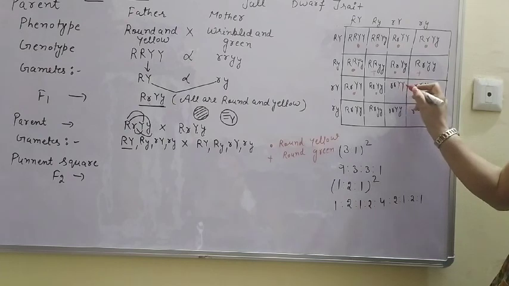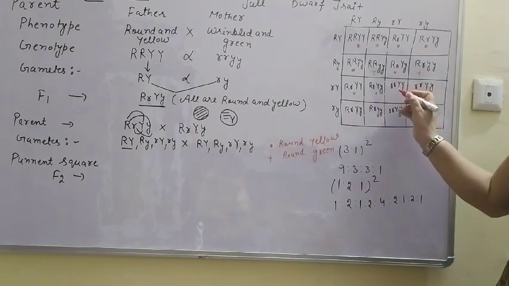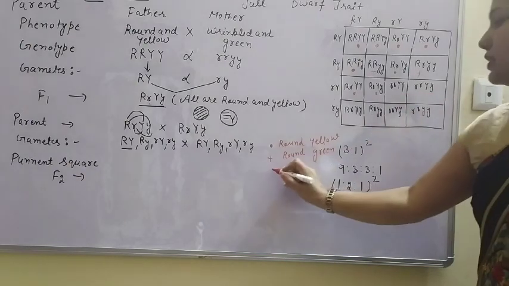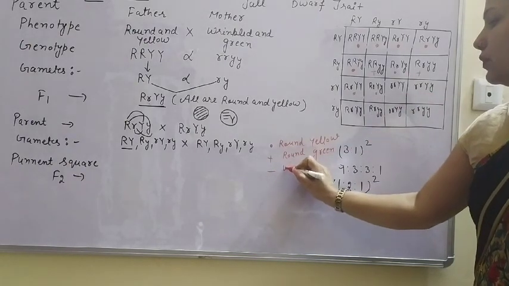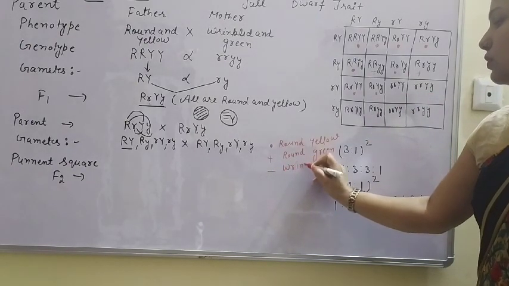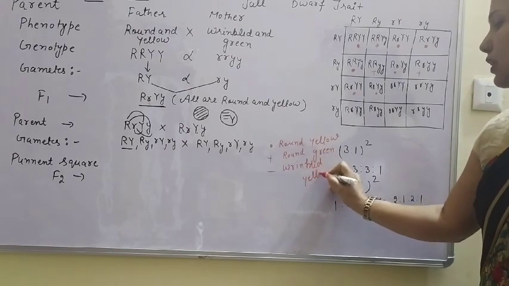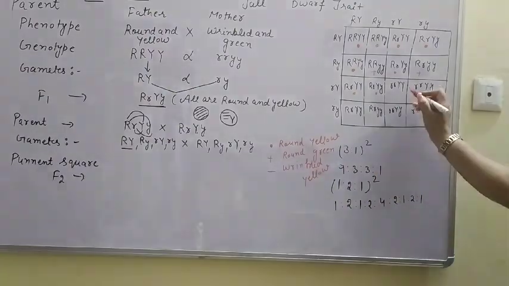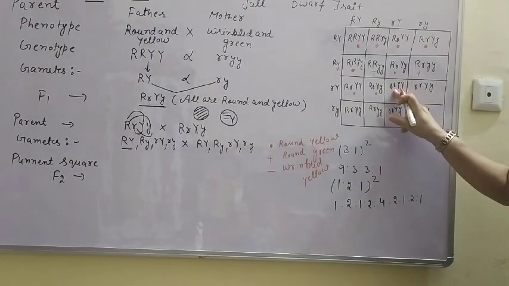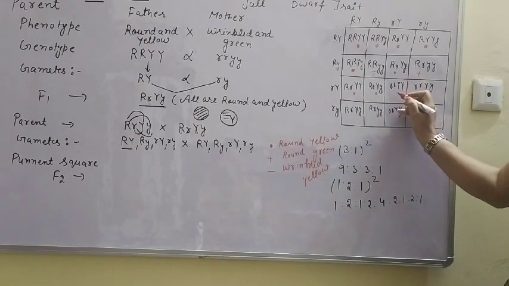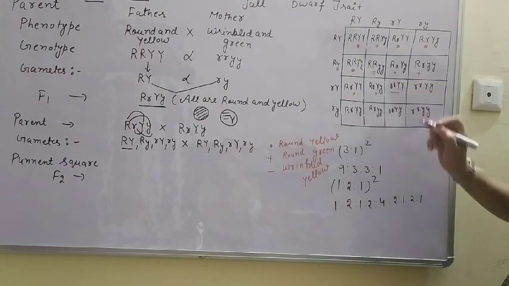It is wrinkled yellow. So for wrinkled and yellow, we can take another symbol, negative. It is wrinkled yellow? Yes, wrinkled, because capital Y is there. So wrinkled yellow.